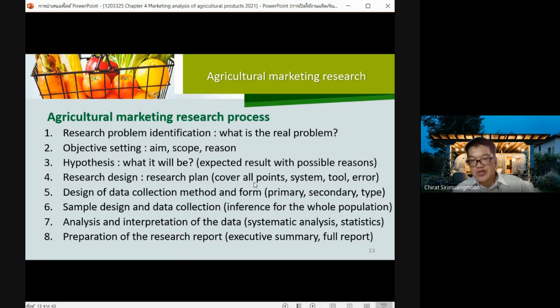You should have a systematic analysis. For example, for qualitative data that I did, I contacted the focus group, and I asked my friend, actually my colleague, to transfer the data to words, like the key points, and then I asked them to recheck again and again.